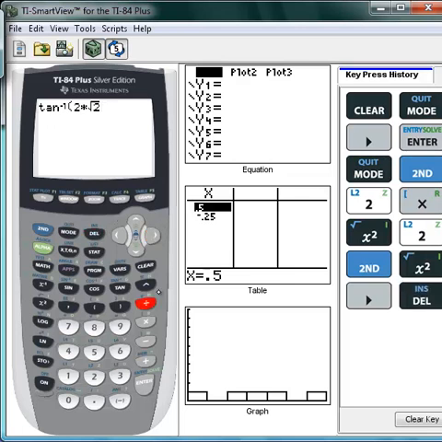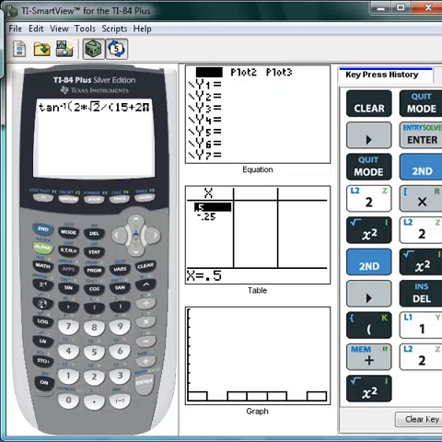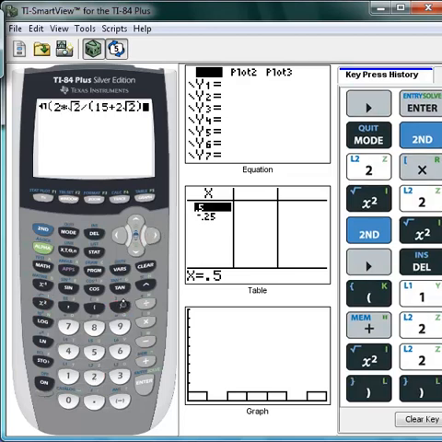And then we're going to divide that by quantity 15 plus 2 root 2. Close parentheses, close parentheses.